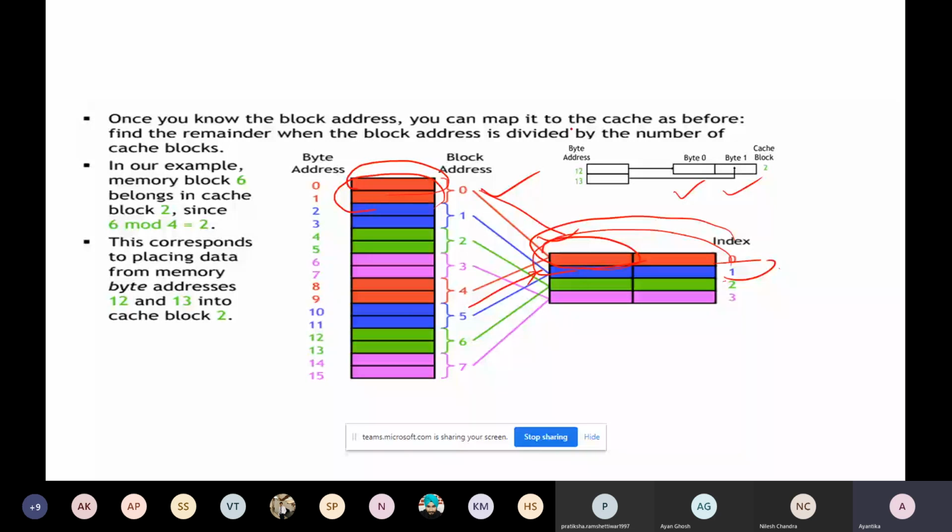That means in the due course of execution, maybe you are trying to fetch some instruction or code from this red zone, and the next instruction is also in this red zone.